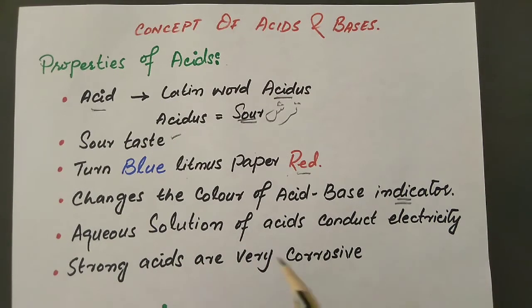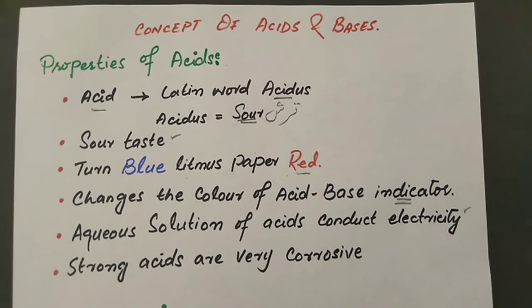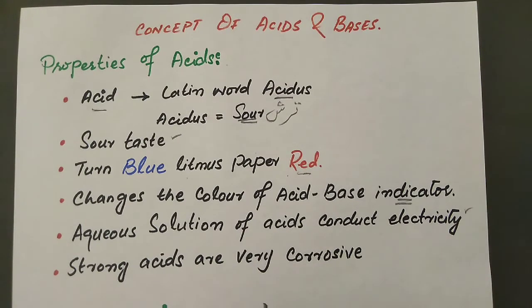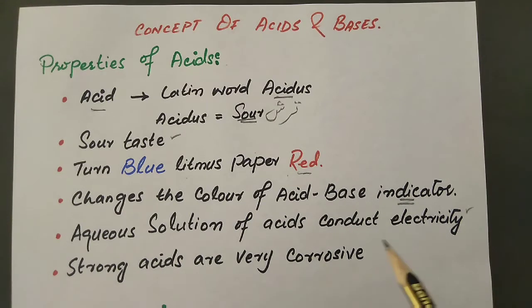Aqueous solutions of acids conduct electricity. If you make their solution, if you dissolve acid in water, they are very good conductors of electricity. That solution can allow electricity to pass through it. And strong acids are very corrosive in nature. Corrosive means it can damage the surface.